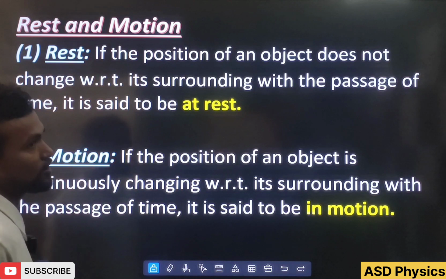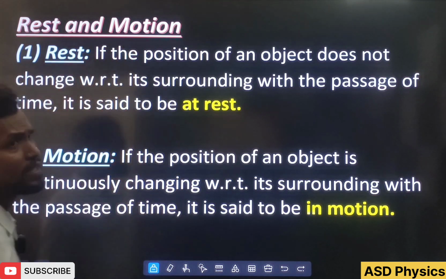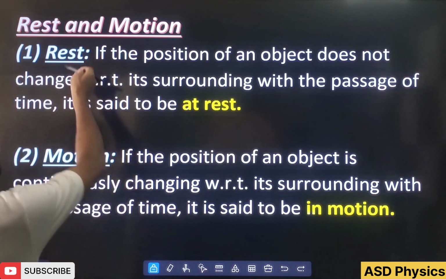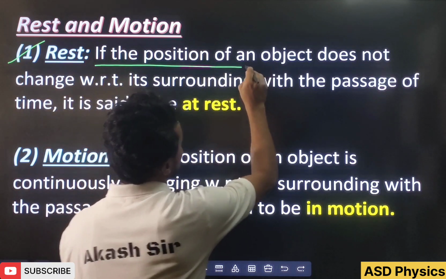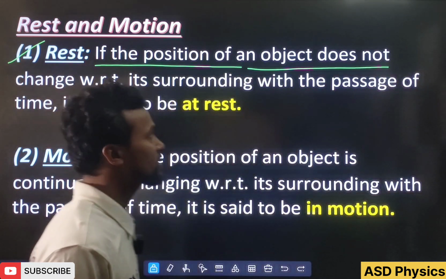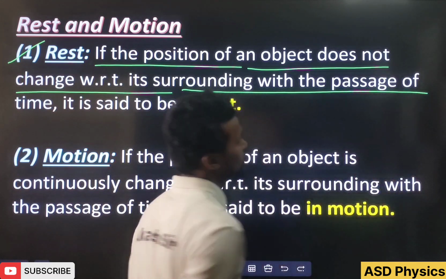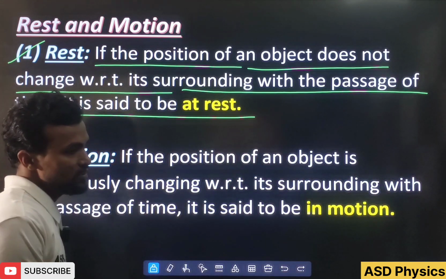From there the questions used to form, and here we are going to study about rest and motion, because we should know all these basics. So see here, rest. We know if the position of an object does not change with respect to its surroundings with the passage of time, it is said to be at rest.